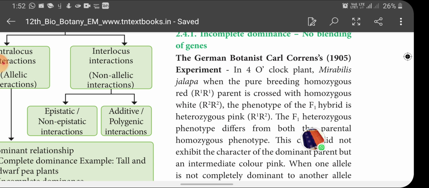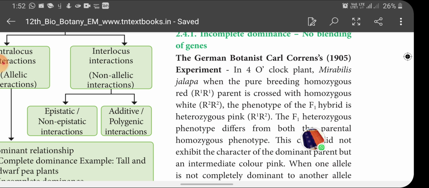In the F1 generation, all the plants are pink. It did not express any of the parental traits, either red or white.